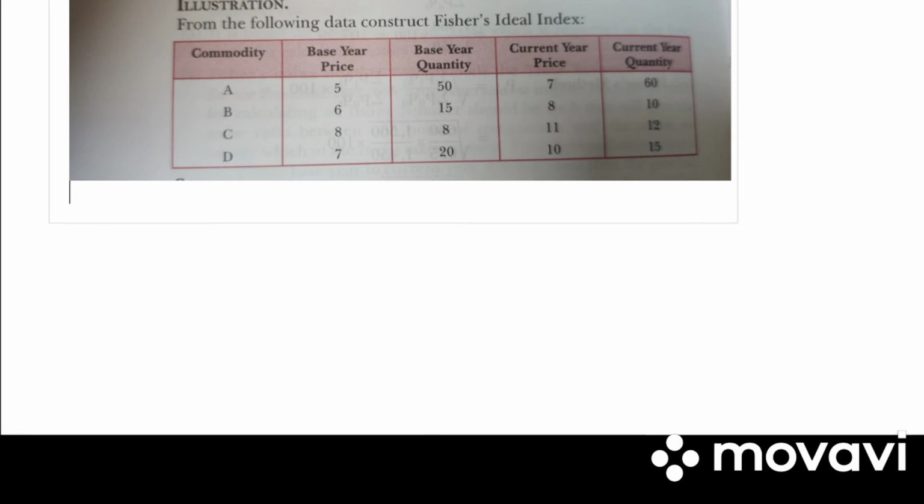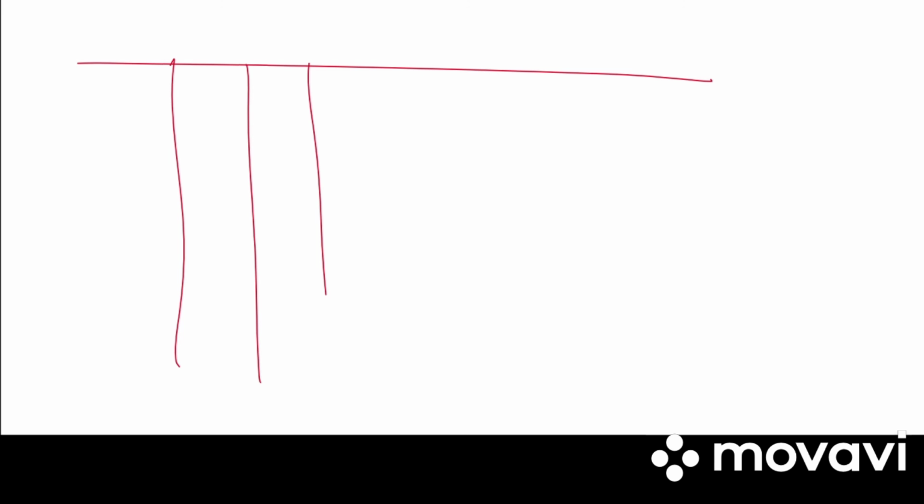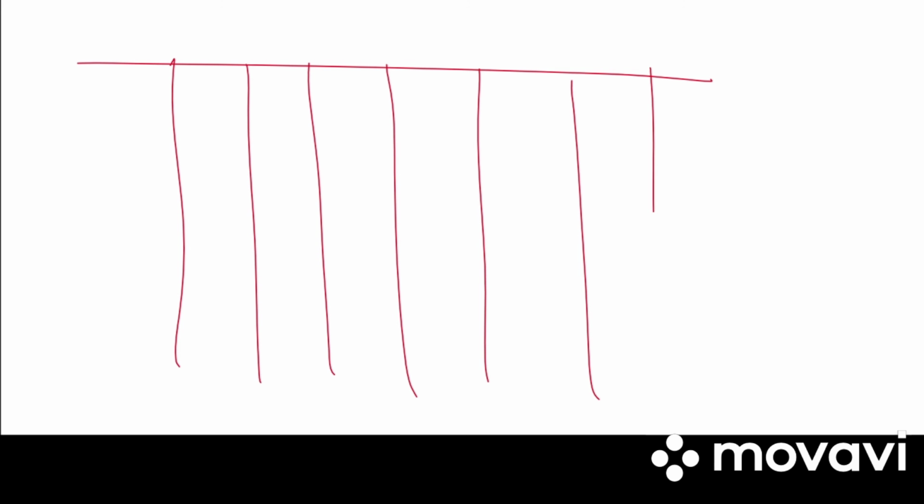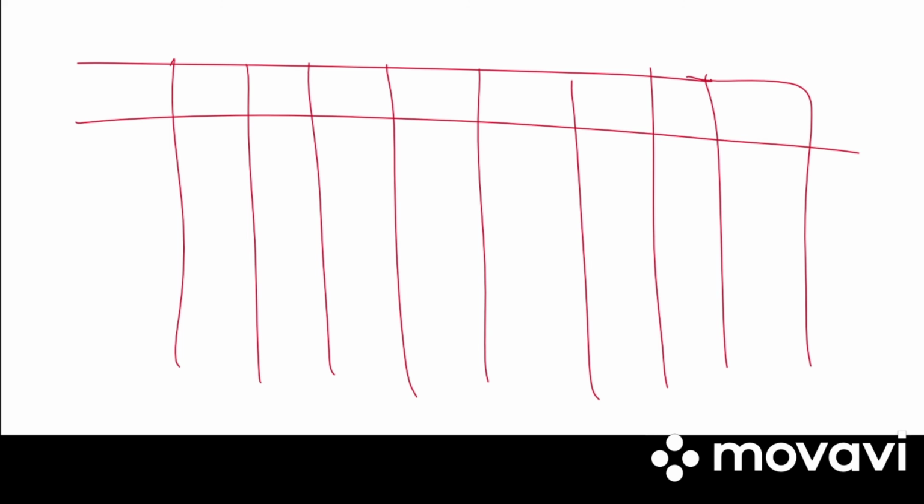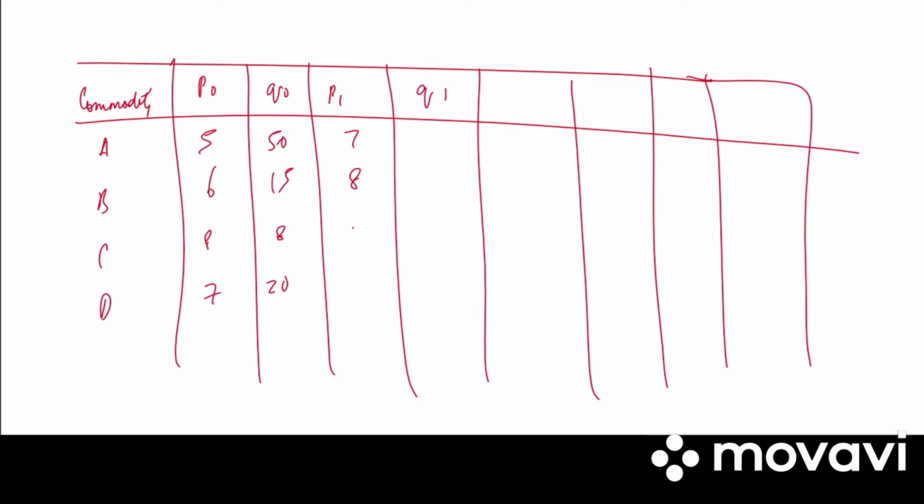Take down one more illustration. From the following data, construct Fisher's ideal index number. So we have commodity, base year price is P0, base year quantity Q0, P1, Q1, A, B, C and D: 5, 6, 8, 7, 50, 15, 8, 20, 7, 8, 11, 10, 60, 10, 12, 15.